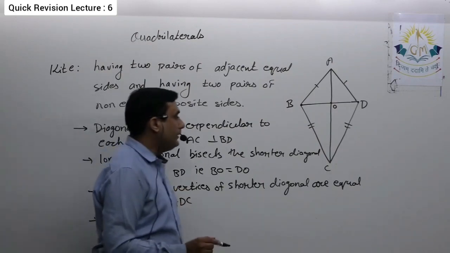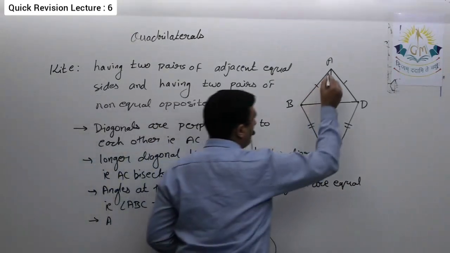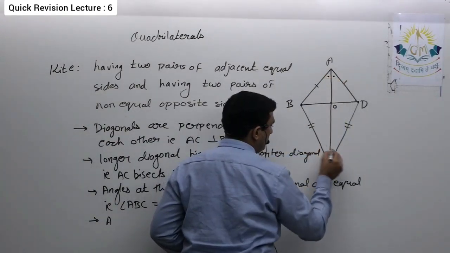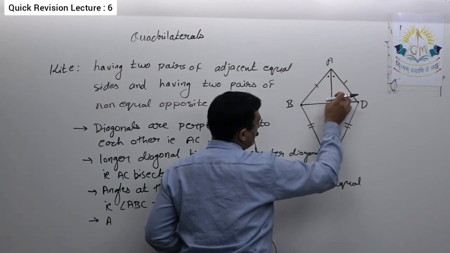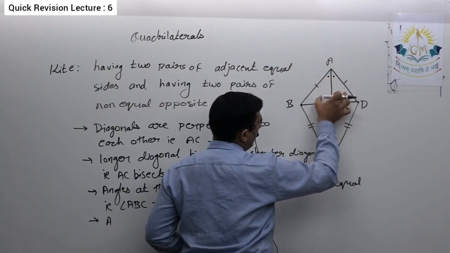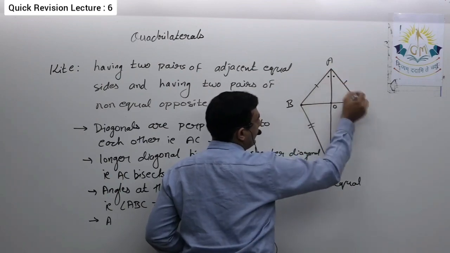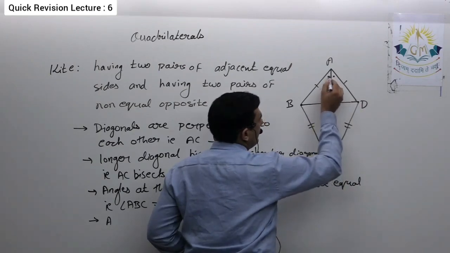Now the next property. These two angles are equal, as well as these two are equal. As these two triangles are congruent, with AB equal to AD, AO common and the 90 degrees, by CPCT we can say these two are equal.